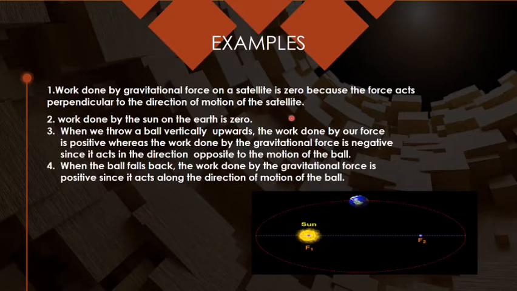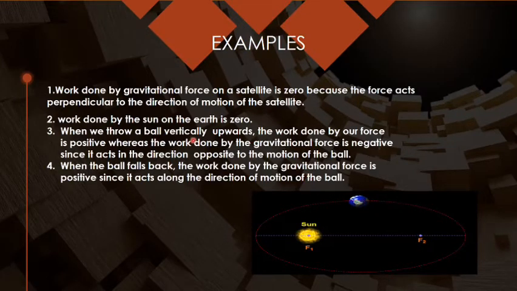Examples for positive work done and negative work done you can always have in your mind. As I've said, work done by the gravitational force on a satellite is 0 because the force is acting perpendicular to the direction of motion of the satellite. Work done by the sun on the earth is also 0 again because the earth is moving in its path, and then also theta is coming out to be 90 degrees.